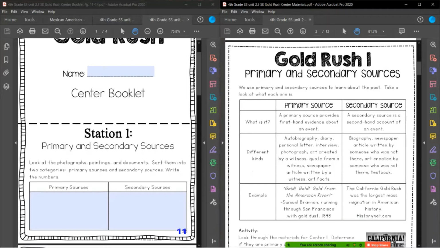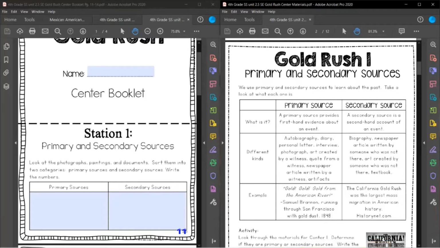Now over here, before we start, you get a bit of an introduction or a review on what is considered a primary source and what is considered a secondary source. Now we use both of these to learn about the past and give us an idea of what was going on in a previous time, what life was like, maybe what tools they used, things like that.